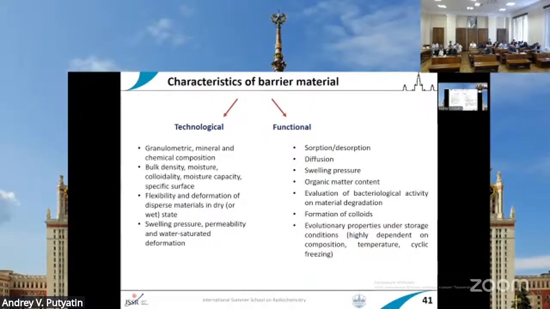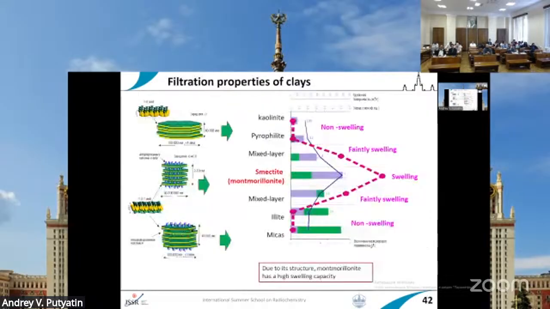Functional are, let's say, chemical properties of the material, like sorption, like diffusion of water through the material, like swelling due to the contact with water, formation of colloids, etc. And technological parameters are essential for technological applications, like the size of the grains, whether they can be distributed easily in the closed space or not, the plasticity, and all the other technological parameters.